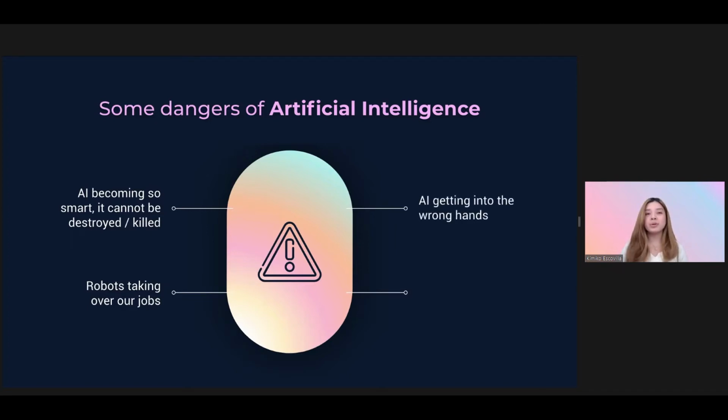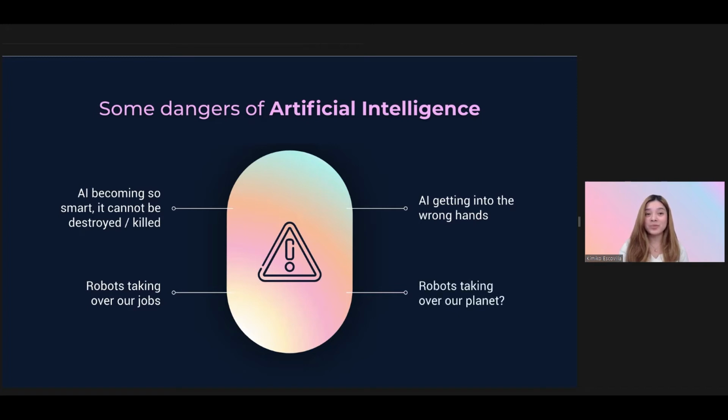I remember an interview with Elon Musk, and he said that if that AI involves nuclear weapons or things that could start a war, and it goes into the wrong hands, that would be pretty catastrophic, right? And last but not least, we have robots taking over our planet. I don't know if that's possible, but I believe it can be with our current development speed.